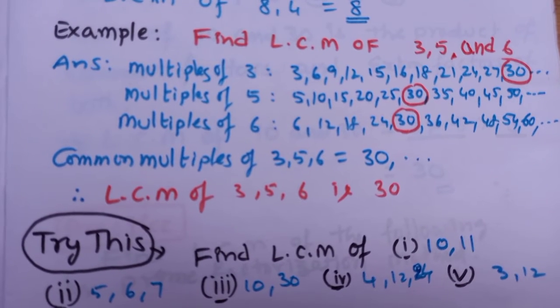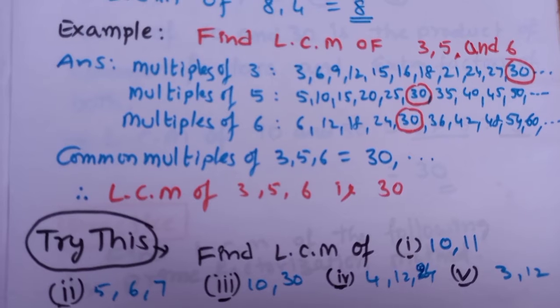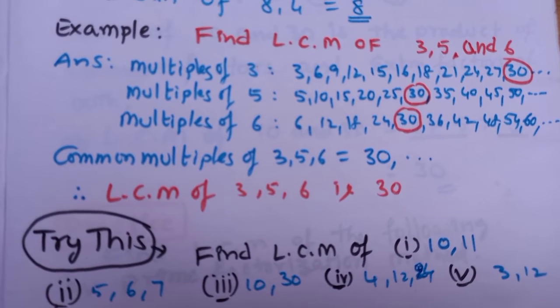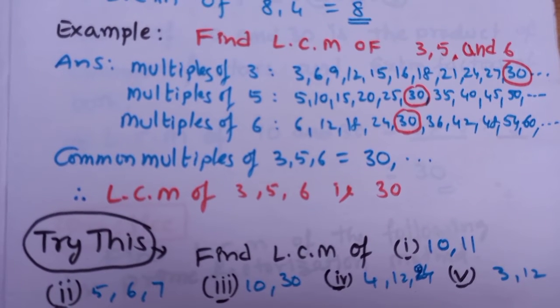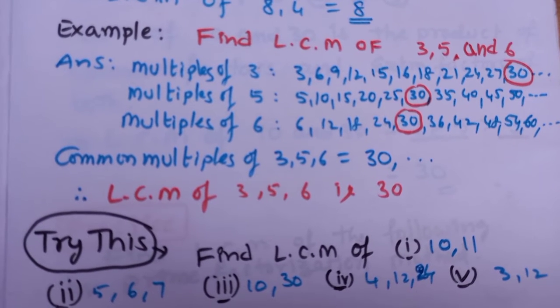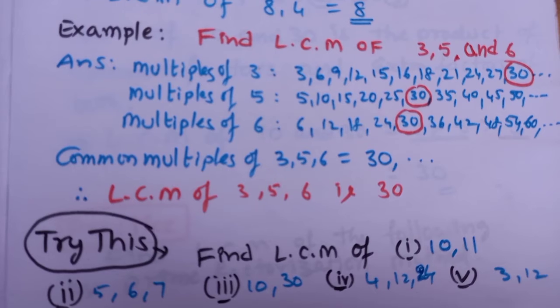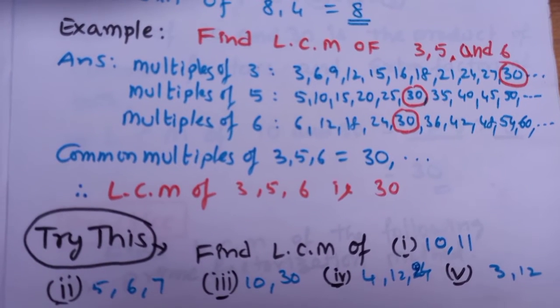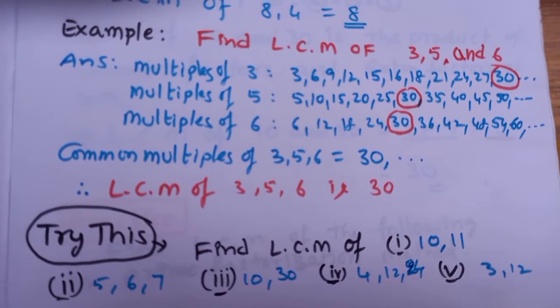Here, example, find LCM of 3, 5 and 6. For that answer, first we have to write multiples of 3, next multiples of 5 and next multiples of 6, and identify common multiples of all the 3 numbers.